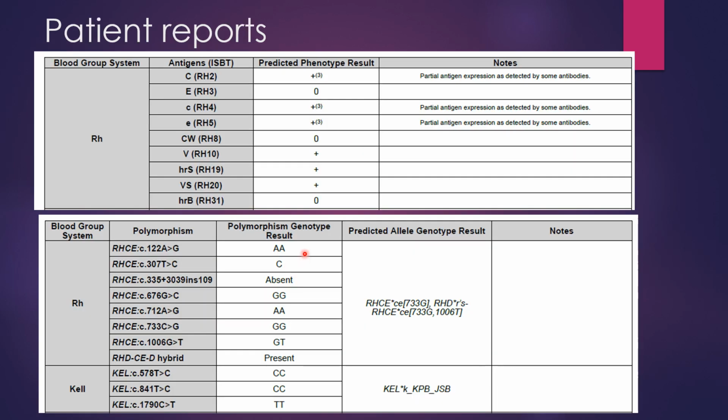Another note that is really nice about these reports, it tells you what polymorphism it's looking at here, and then what polymorphism it actually is detecting in the assay. So the first nucleotide is usually the reference nucleotide. So normally you'll have an A here at this location, but a change to a G can cause the phenotype.